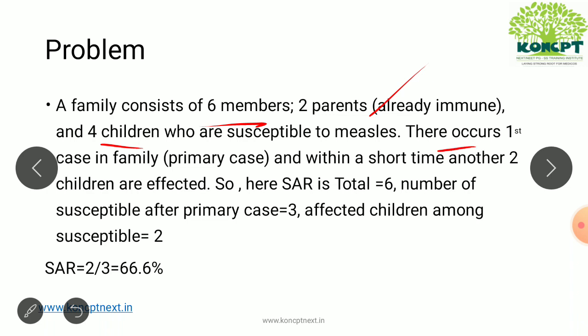Among them, the first case appears in one of the children. That child is the primary case, and within a short period of time, 2 other children are affected. So here 2 is the number of children affected, and 3 is the number of susceptibles. Why 3? Because we will not include the primary case in the denominator. Only the susceptibles will be included. So the secondary attack rate is 66.6%.